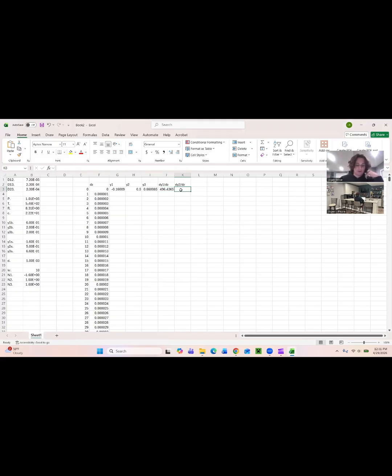And then this next one, we have our second formula, where we get basically the same thing, just using Y2 instead of Y3.